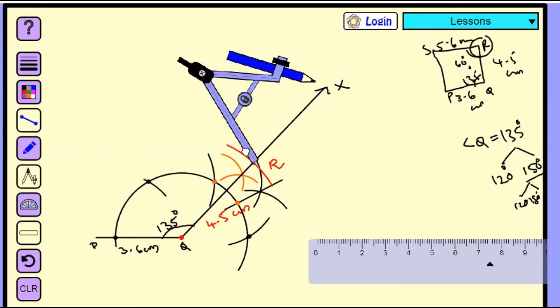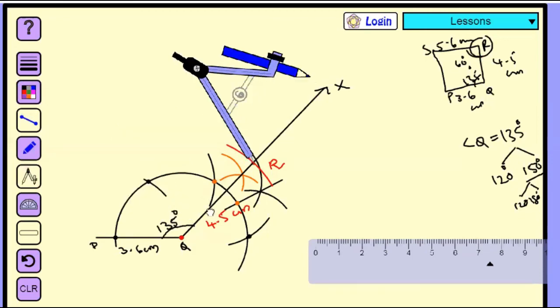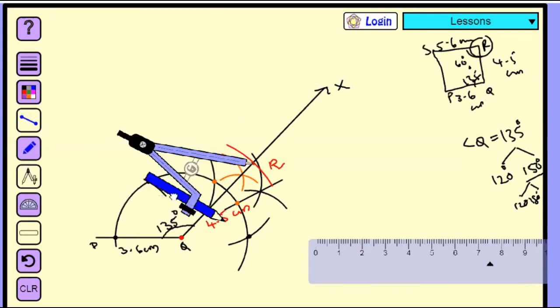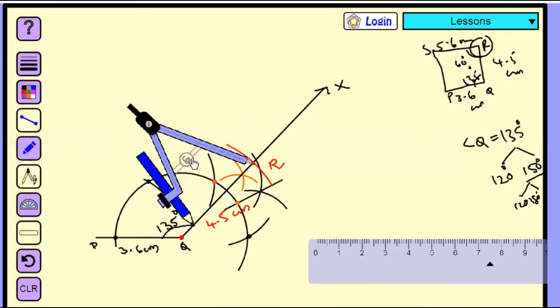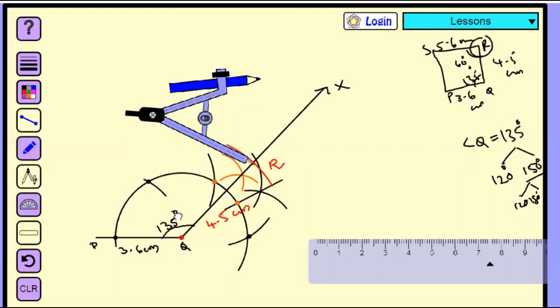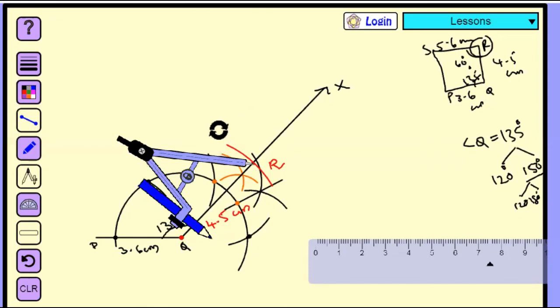R is the center. Now take the compass radius more than half of the length of P to Q. Now with R as the center, draw an arc.